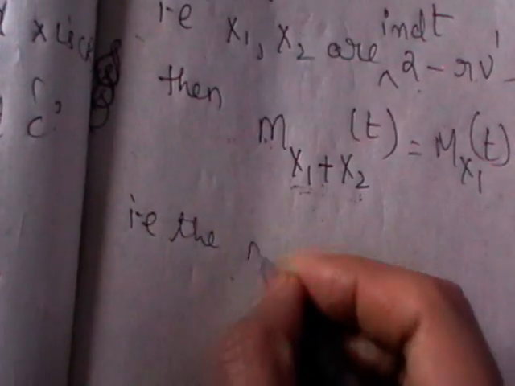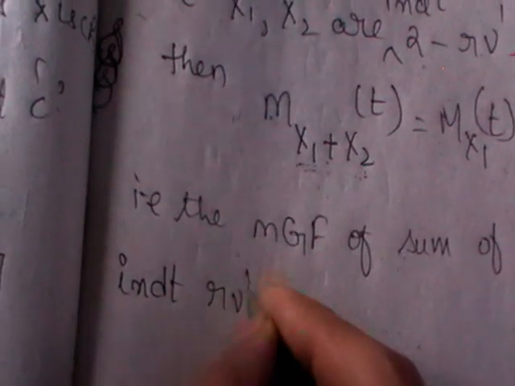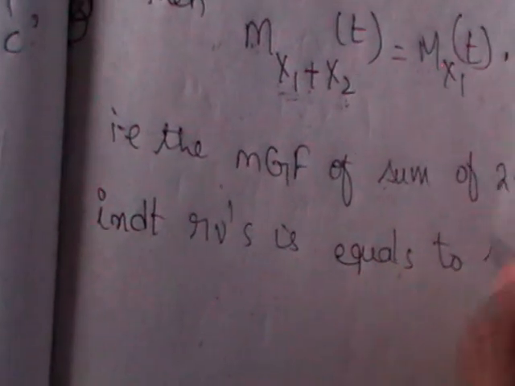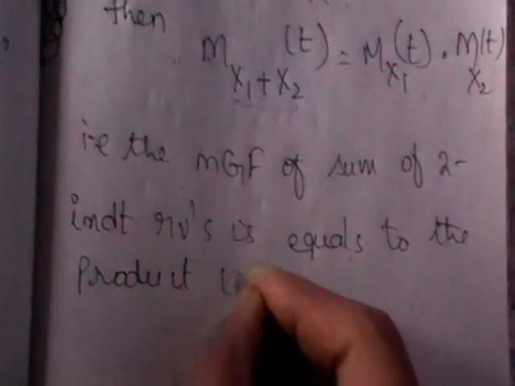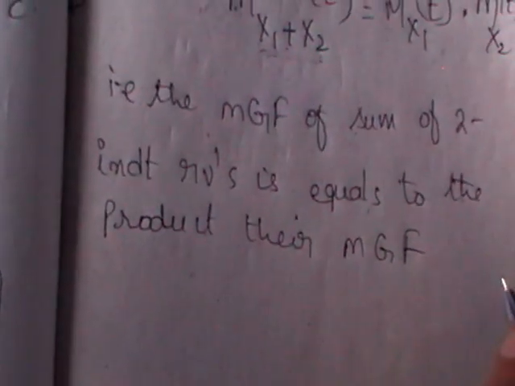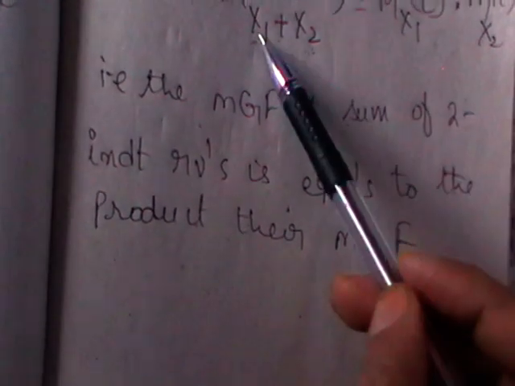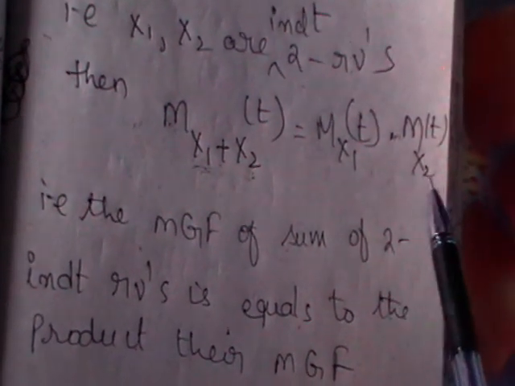That is, the moment generating function of the sum of two independent random variables is equal to the product of their individual MGFs.